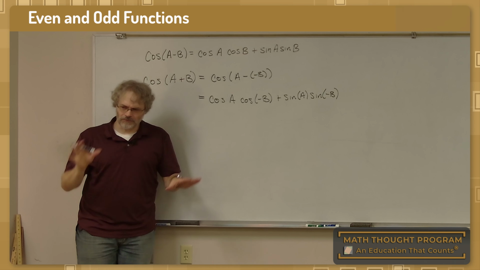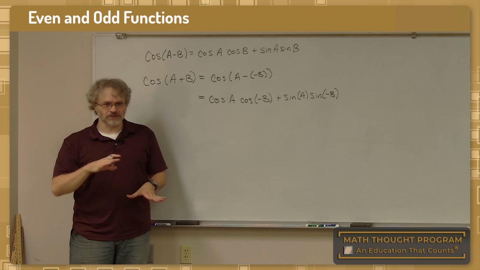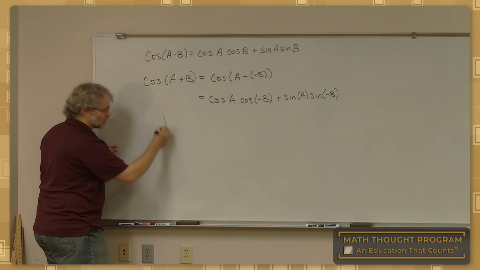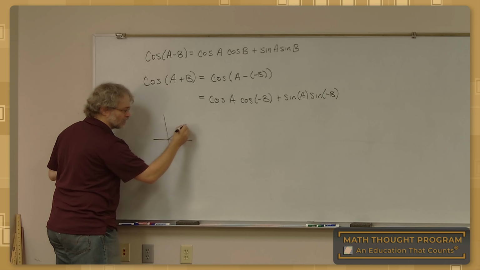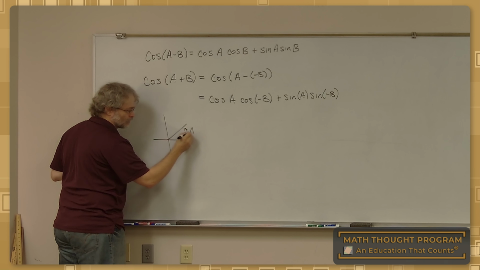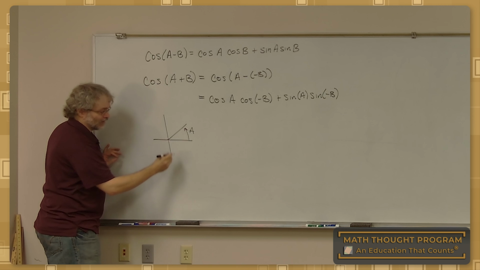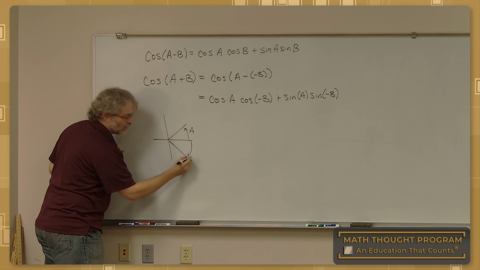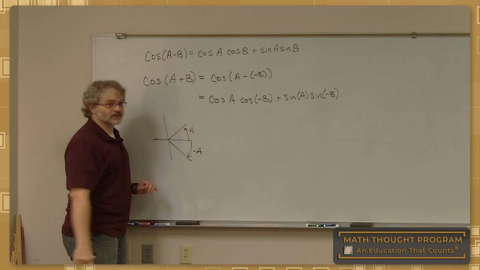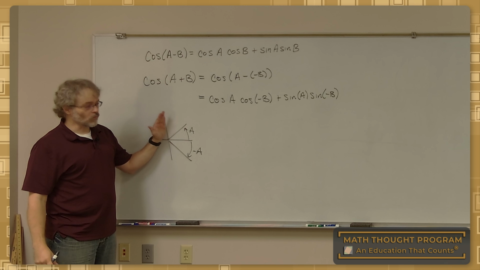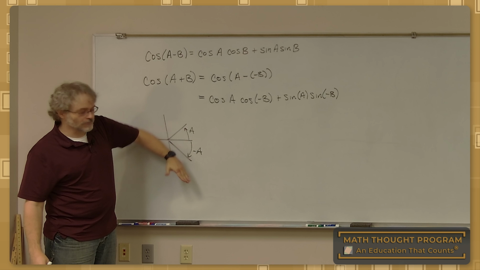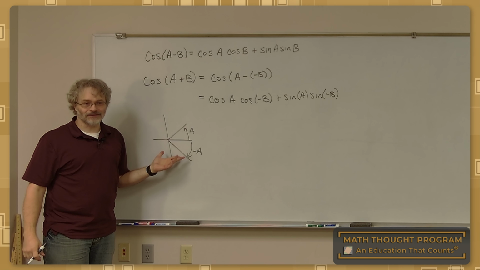Remember what happens when we're measuring negative angles? When I'm talking about positive angles, I'm talking about this orientation where I'm going up. When I'm talking about negative angles, I'm swinging down the other way. So I have clockwise versus counterclockwise. If I swing down this way, which quadrant am I in?